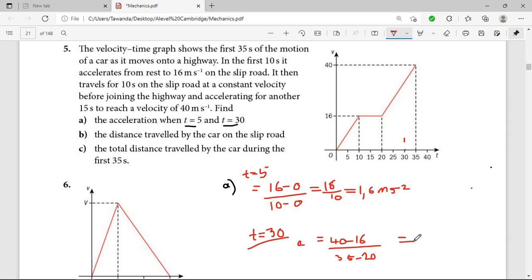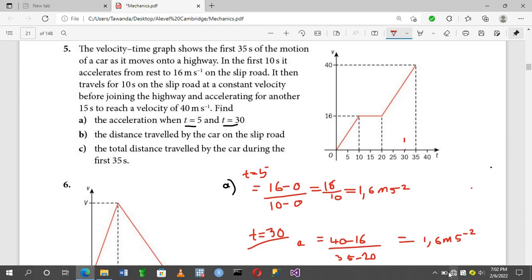So we are going to get 40 minus 16 divided by 15, which gives 1.6, again 1.6 meters per second squared is the acceleration.